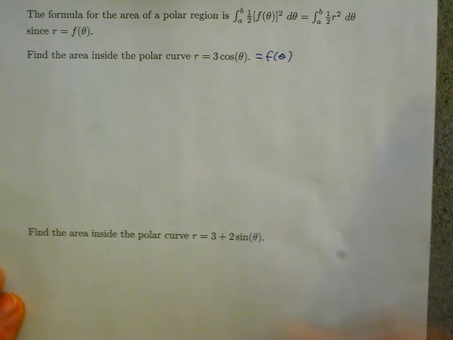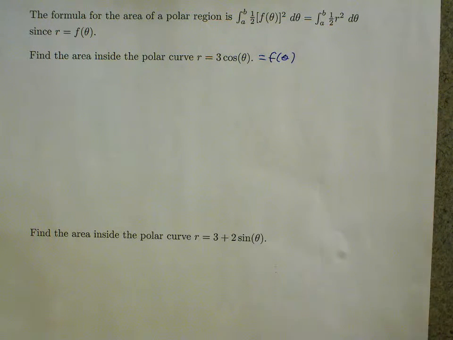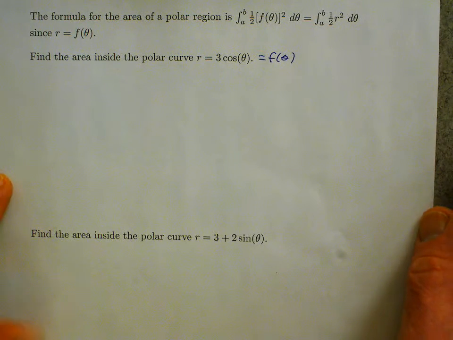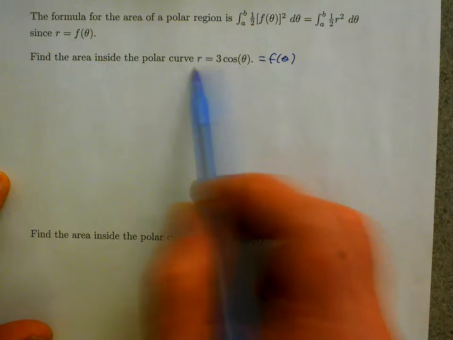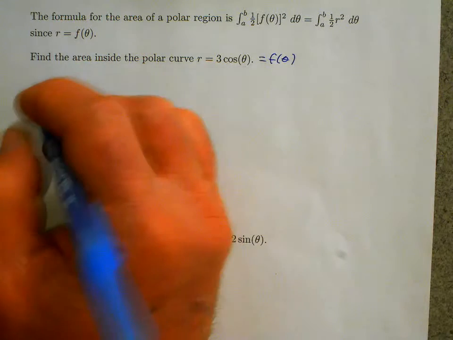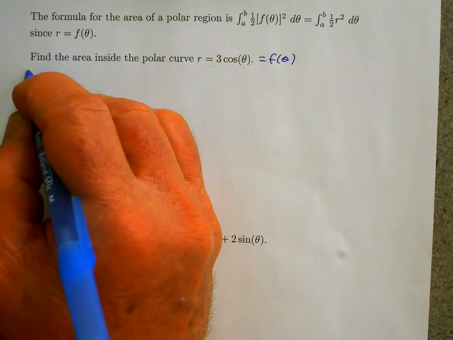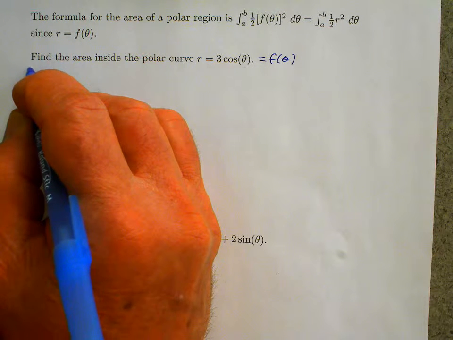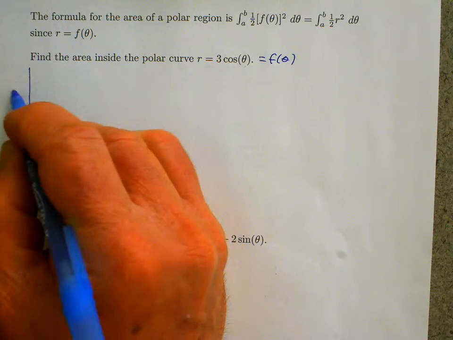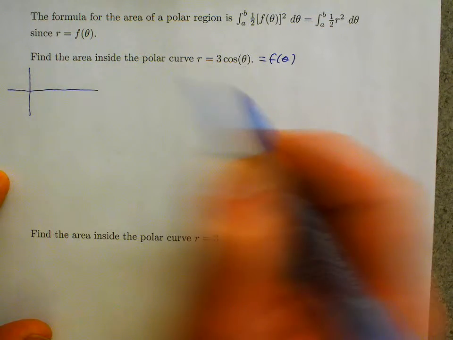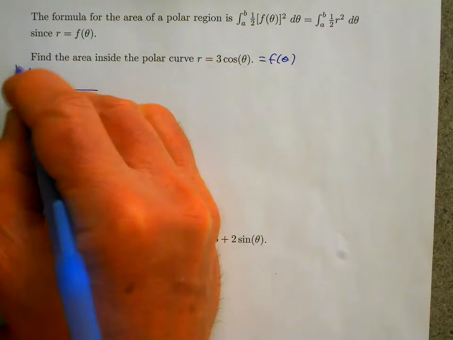Okay, so for this one, we need to determine what the limits of integration are going to be. We've seen this curve before, I think. So why don't we get a sketch of it first by graphing this in the Cartesian plane for r and theta.